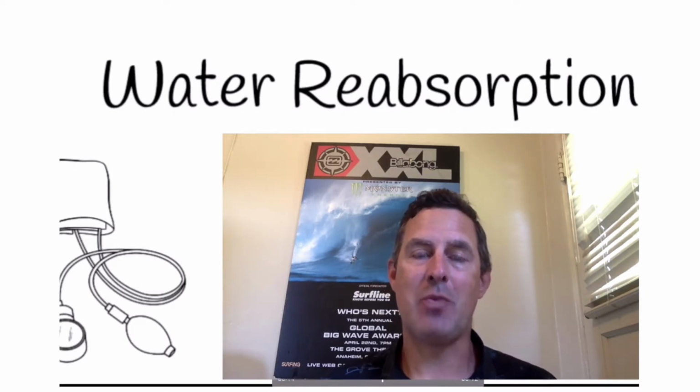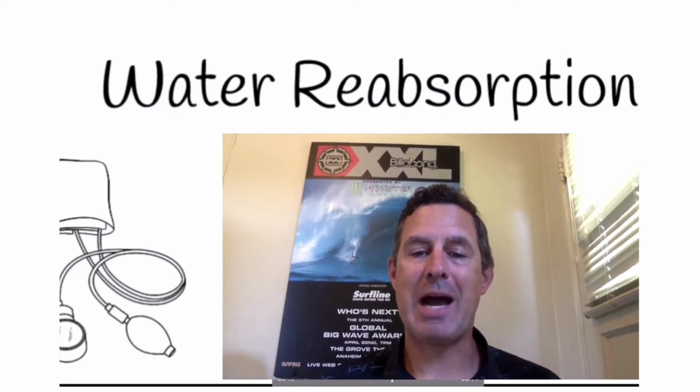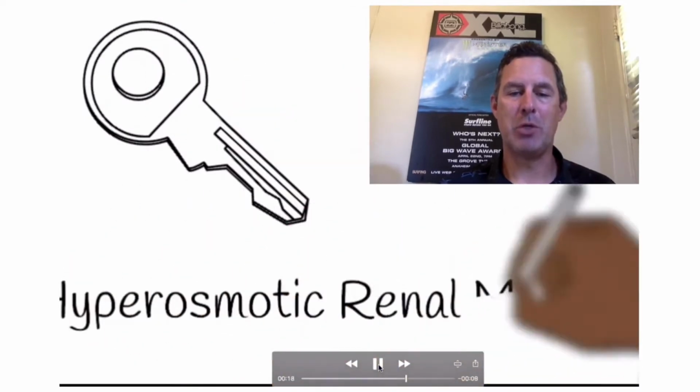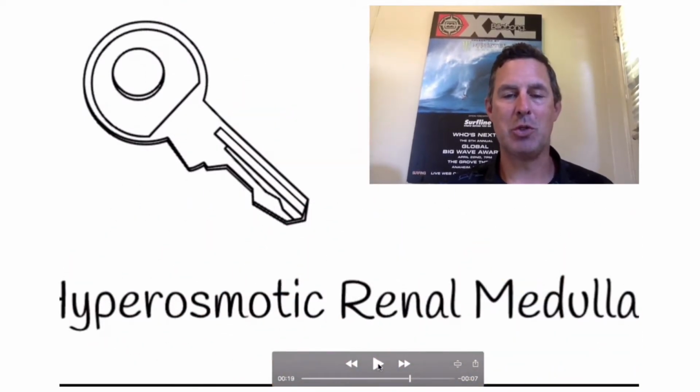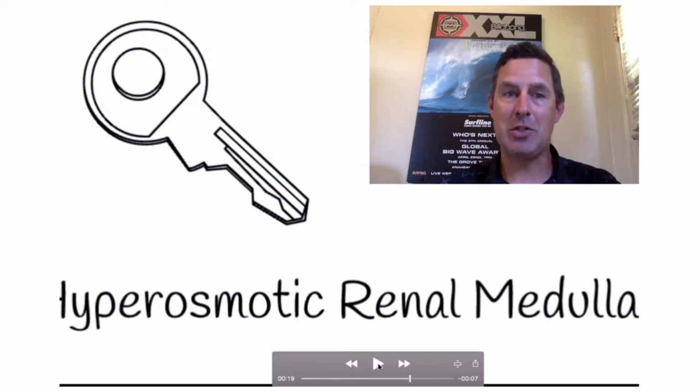We cannot retain water without the work of the countercurrent multiplier system, nor can we retain water without what's known as a hyperosmotic renal medulla. And the hyperosmotic renal medulla is the goal of the countercurrent multiplier system. It causes the renal medulla, which is the interior of the kidney, which we looked at last week, to become saturated with solutes.